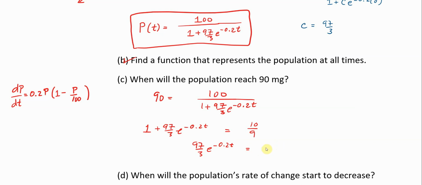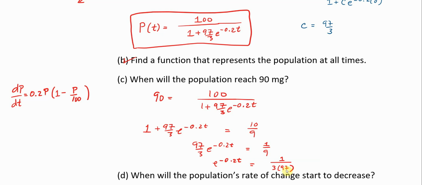And so 10 ninths minus 9 ninths is 1 ninth. And then multiply by 3 over 97, so this is going to be 1 over 3 times 97.